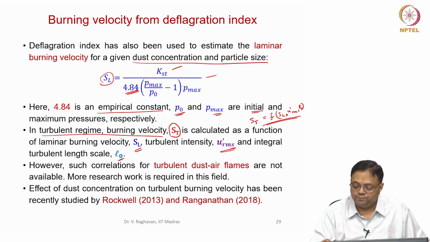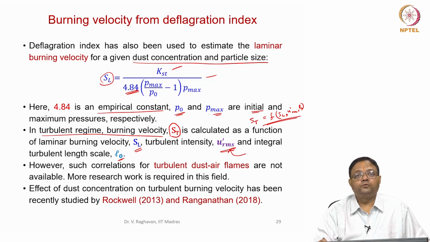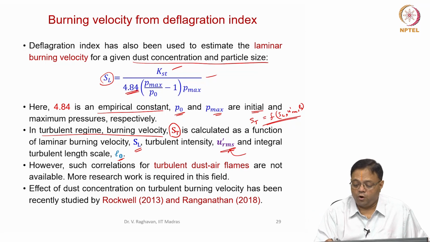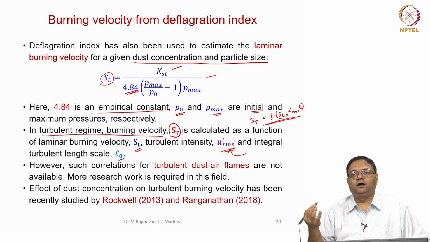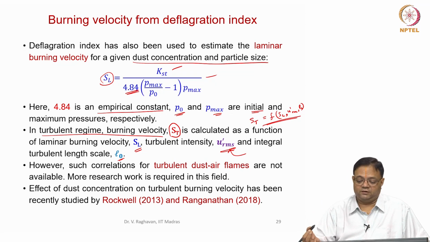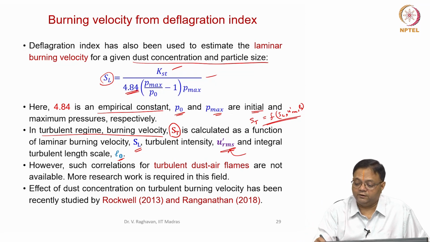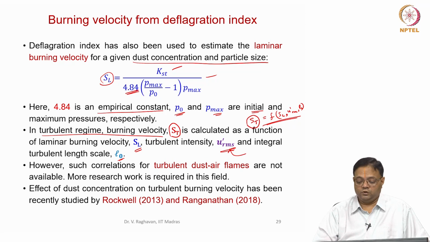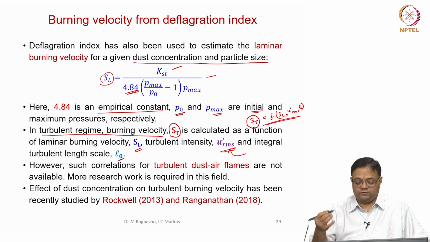And we know that as the time increases, transition to turbulence occurs, URMS increases, and this will result in flame acceleration. So, based upon that, St also will increase as the turbulent intensity increases.